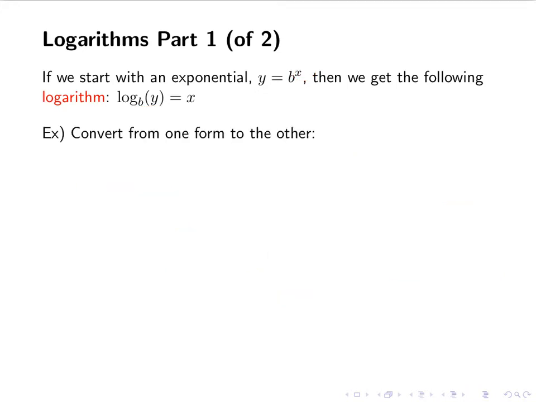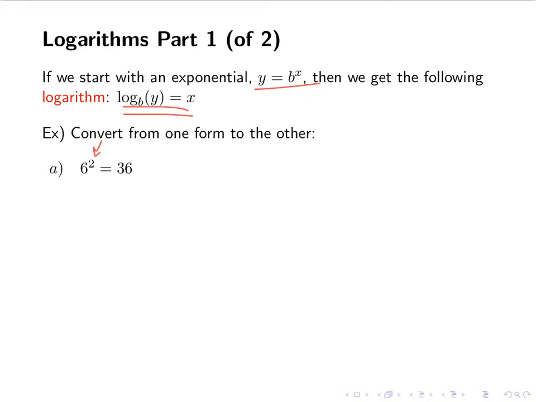What we're going to do is convert from one form to the other. You're either going to be given an exponential and convert it to a log, or you'll be given a log and you want to convert it to an exponential. So 6 squared equals 36. That is an exponential. We have an exponent, which in this case is 2, and we're going to change it to a log. The key to remembering this is that the base is the base is the base.